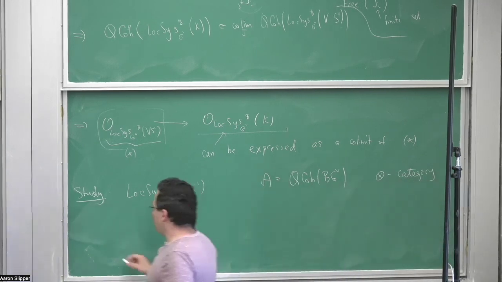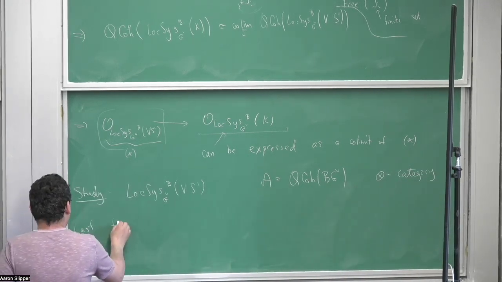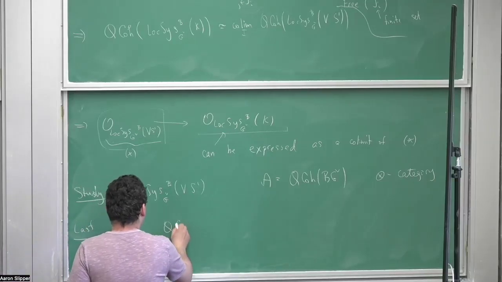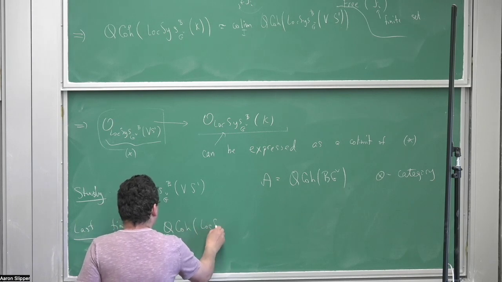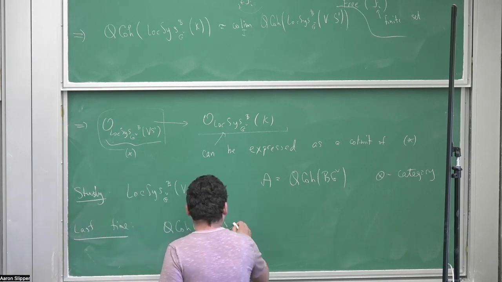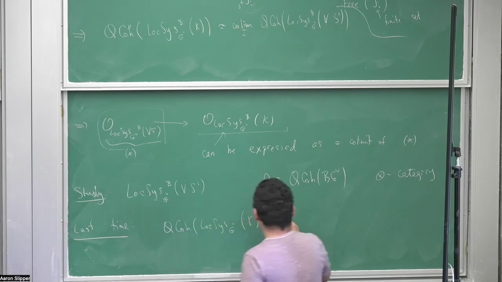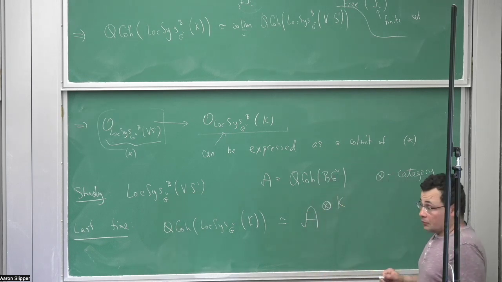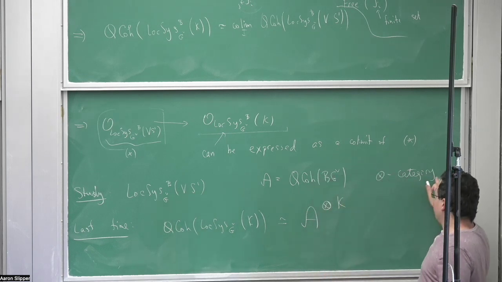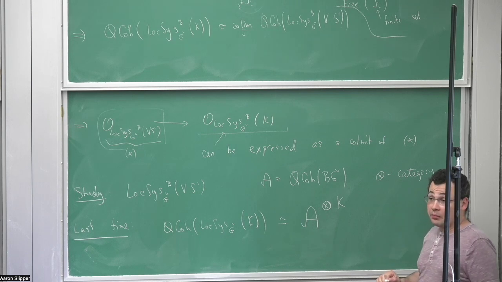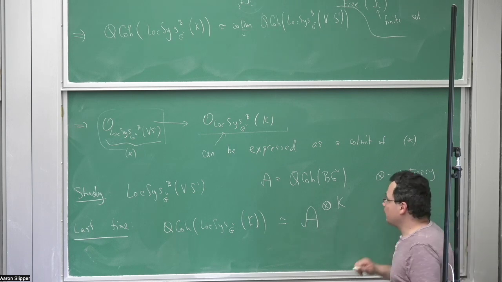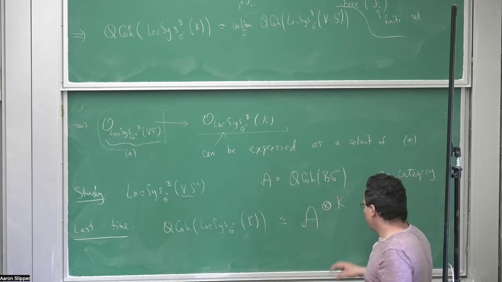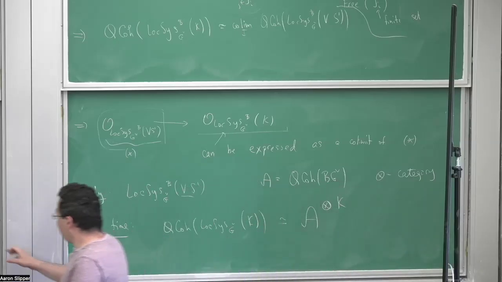Then I think last time there was the assertion that in general, for any k, this is the same thing as A tensor k, where this tensor is a colimit in the world of symmetric monoidal categories. Okay, great. In particular, I want to apply it to this thing.